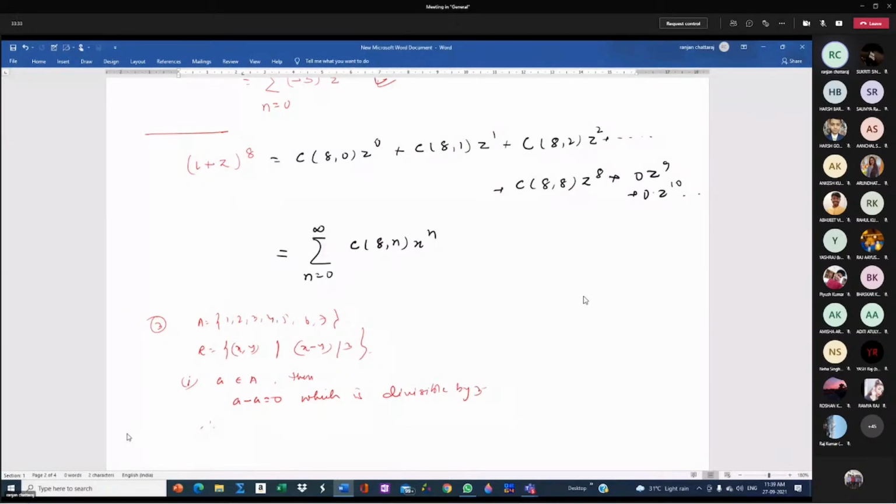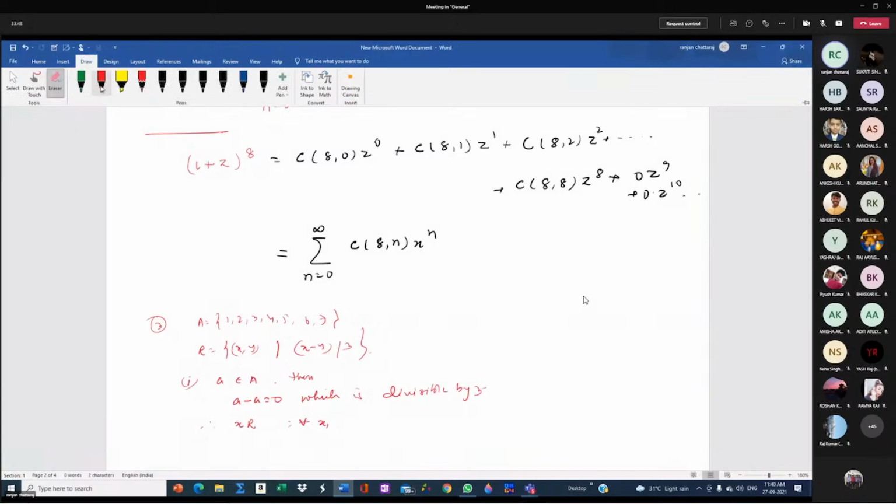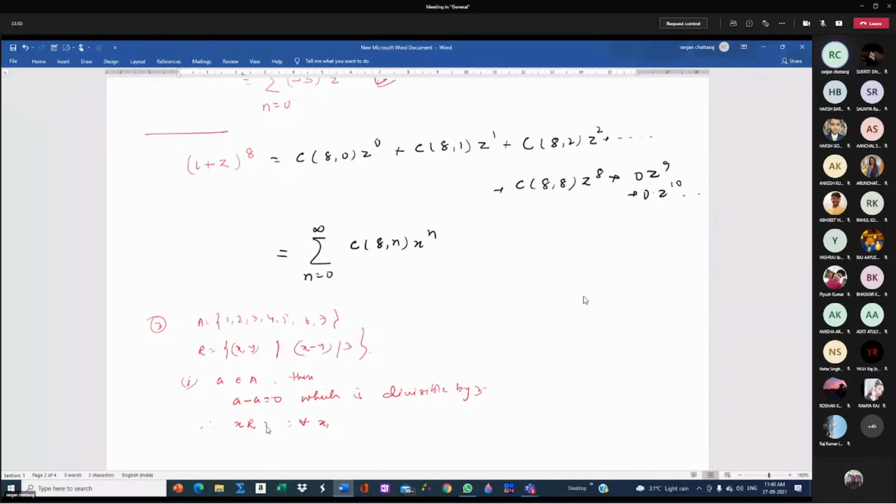So therefore, what do you see? a is R related to a, for all a belongs to A.